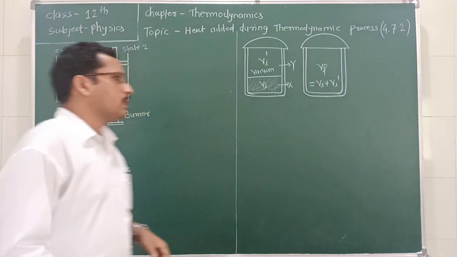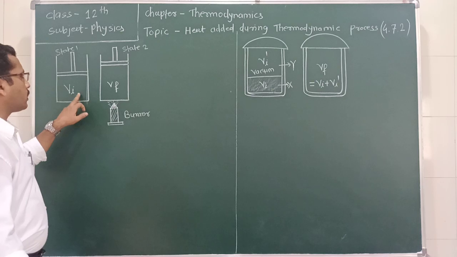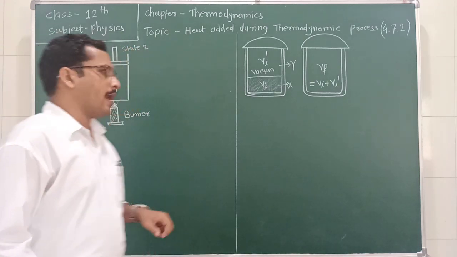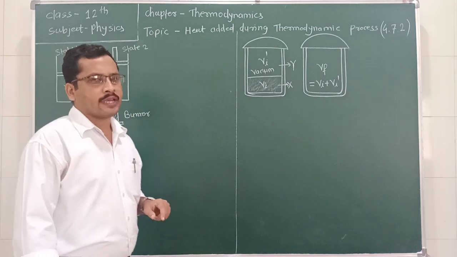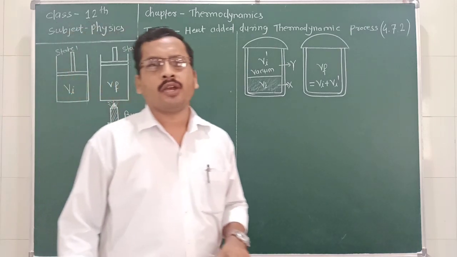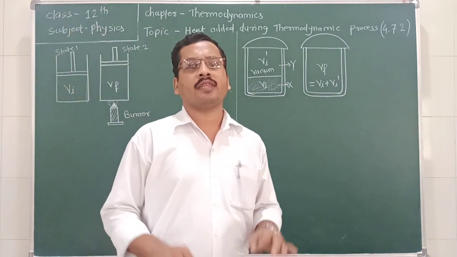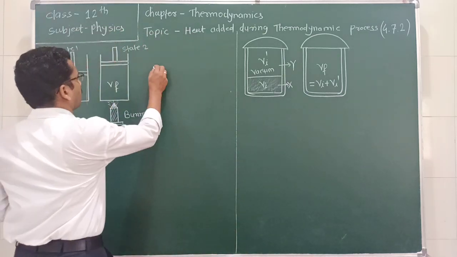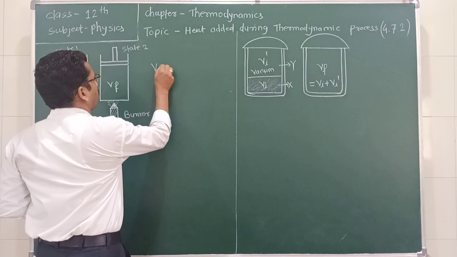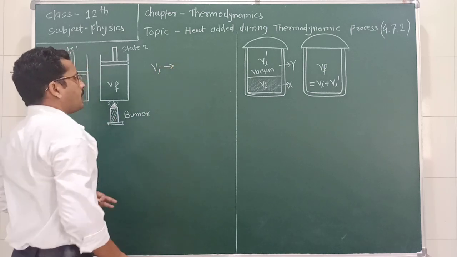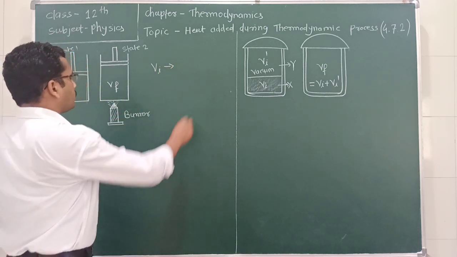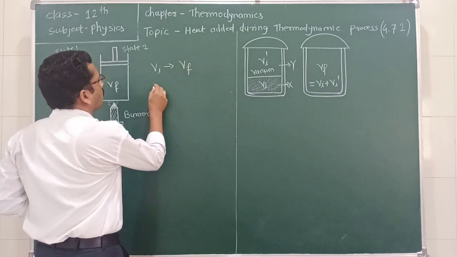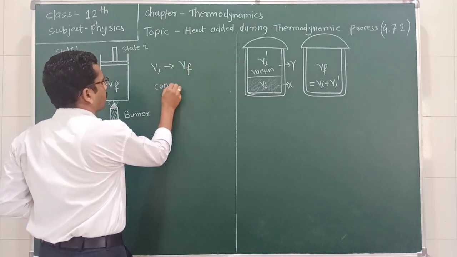Suppose the initial volume of this gas is Vi and the final volume of the gas is Vf. We have to carry the change from Vi to Vf at constant pressure.